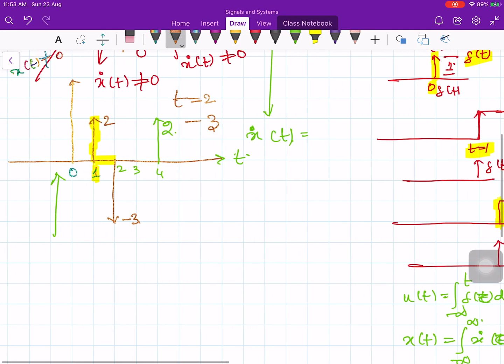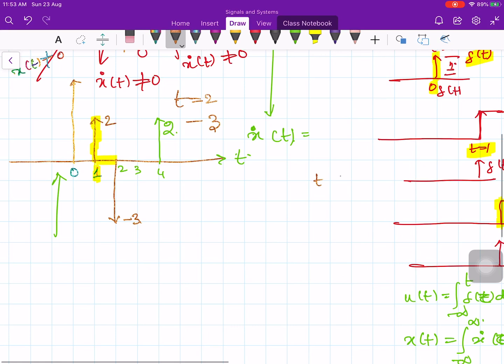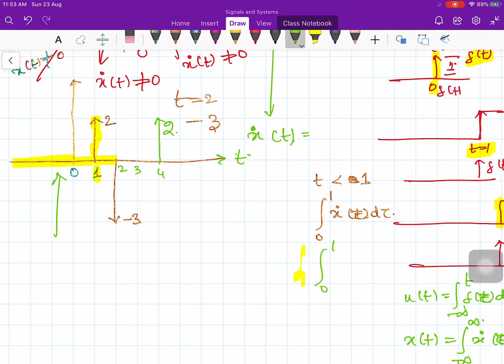So when t is less than 1, the integral of 0 to 1 of x dot of tau d tau: if we consider the derivative up to this point, there are no impulses. Therefore x dot of tau is 0, times d tau, it is equal to 0.